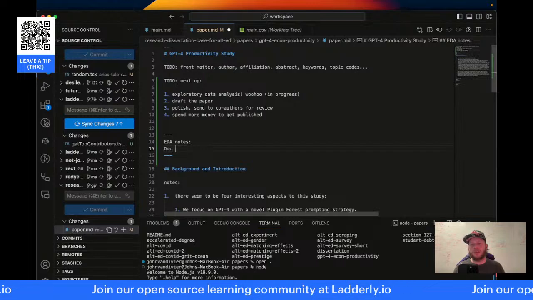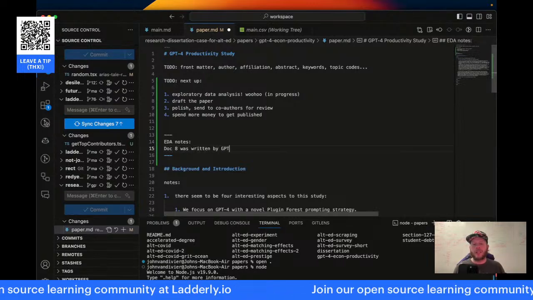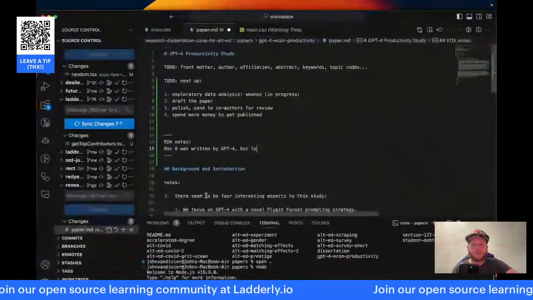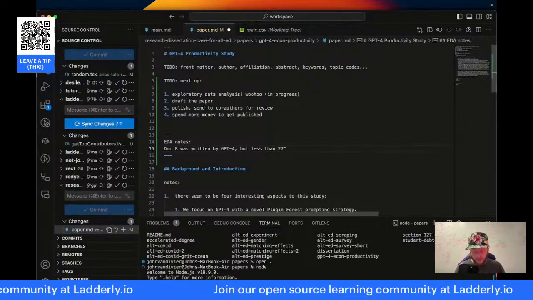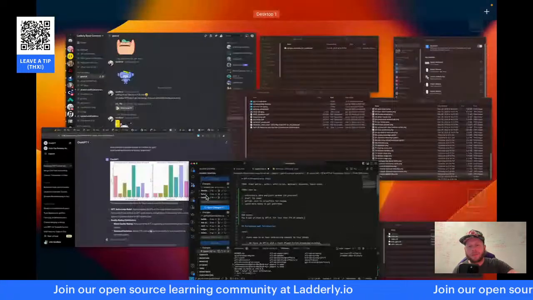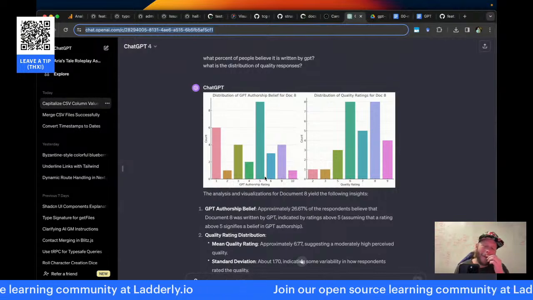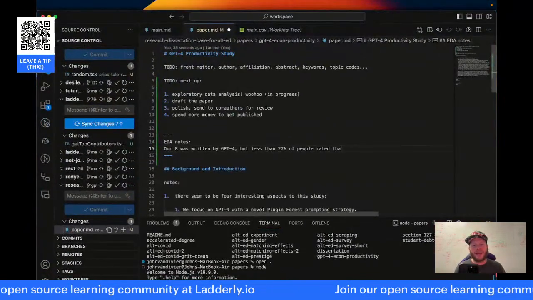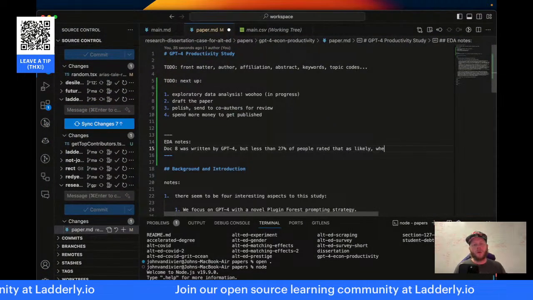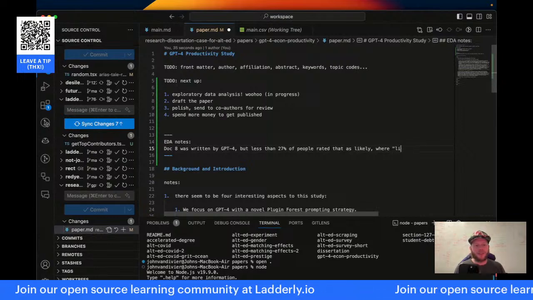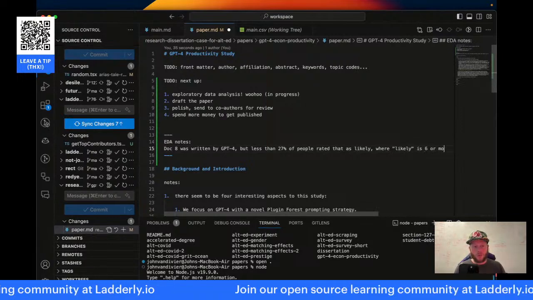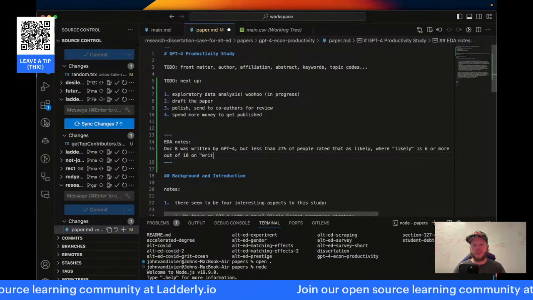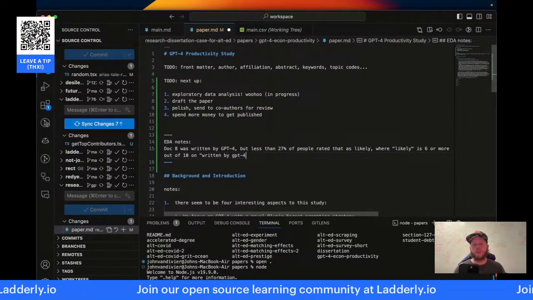Paper 8, or doc 8, was written by GPT-4, but less than 27% of people rated that as likely, where likely is 6 or more out of 10 on the written by GPT-4 sub-question.